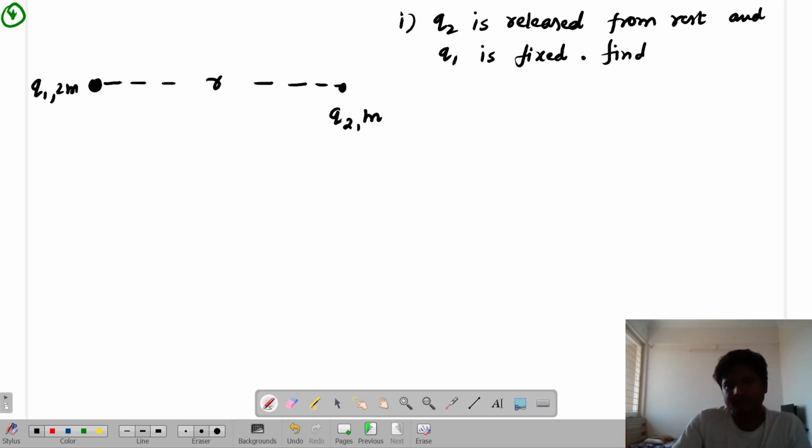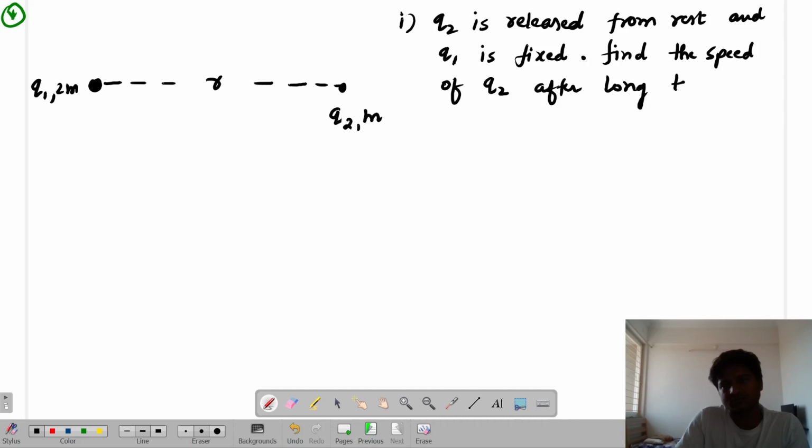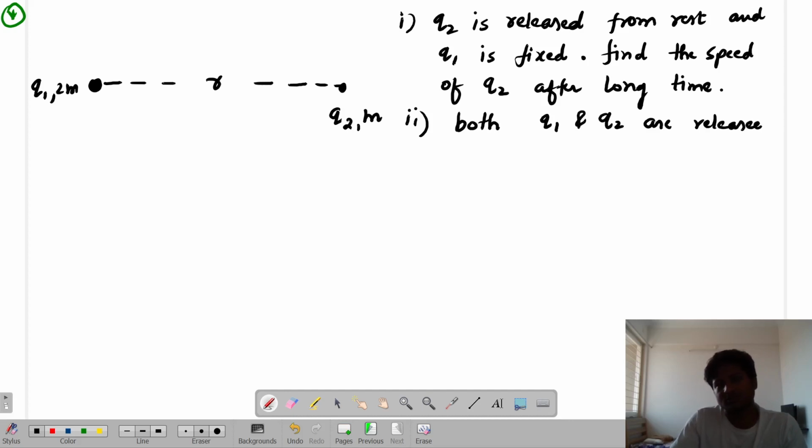Find the speed of Q2 after a long time. Second question: both Q1 and Q2 are released.